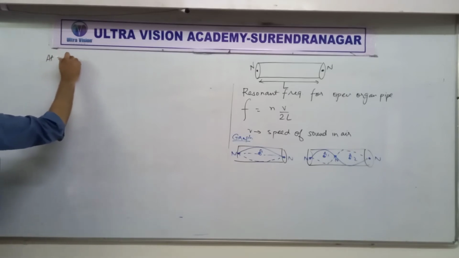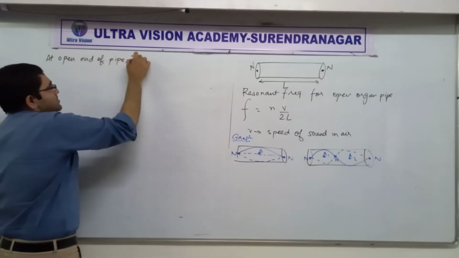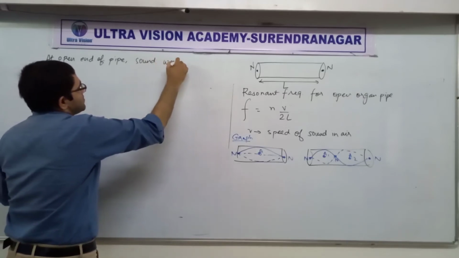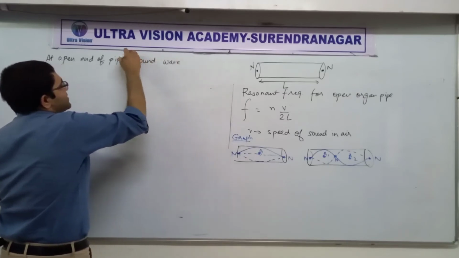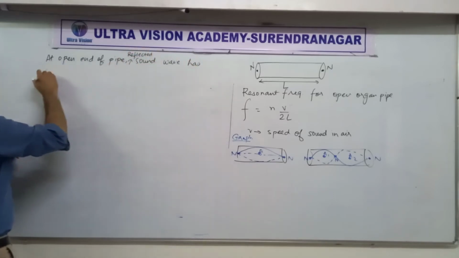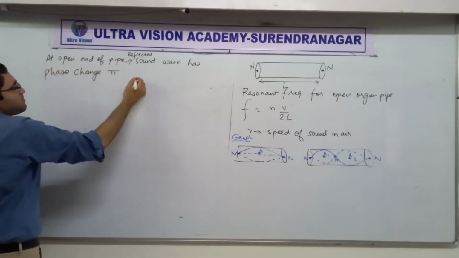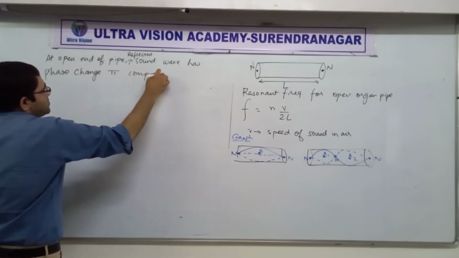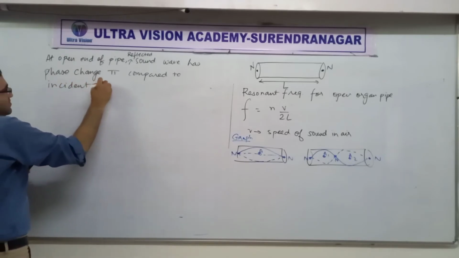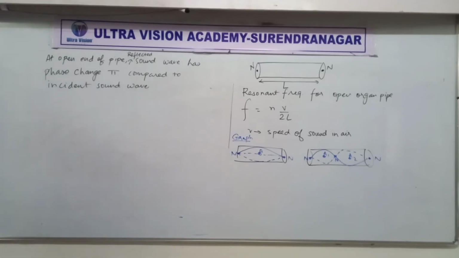At the open end of a pipe, the reflected sound wave has a phase change of pi compared to the incident sound wave. Okay, you see this sentence.